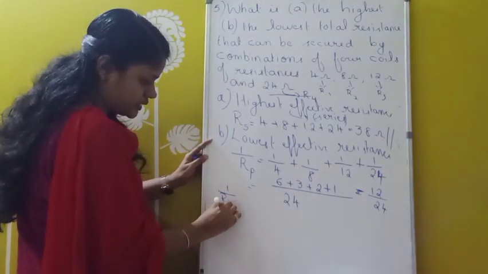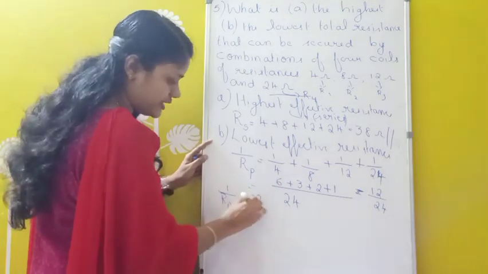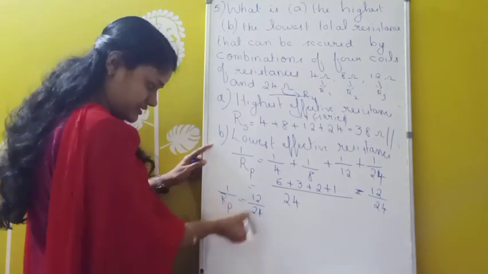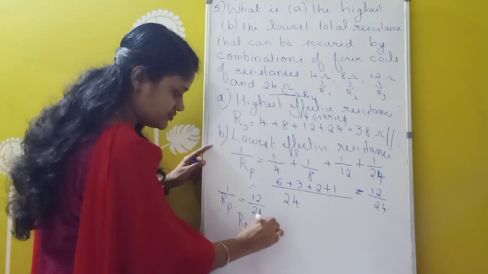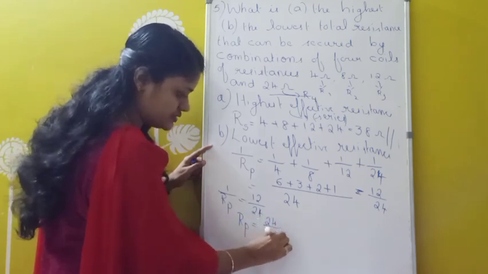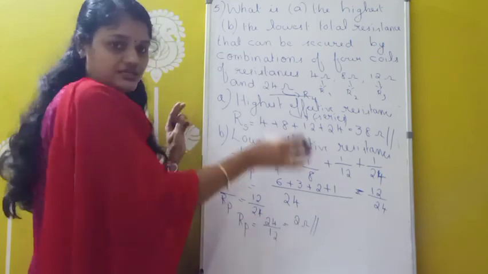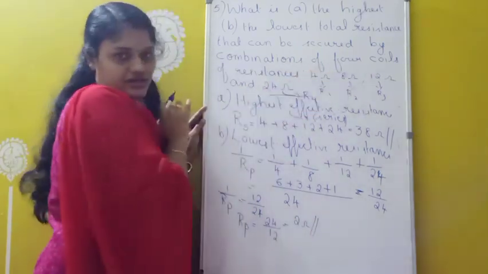So 1 by Rp, the reciprocal of effective resistance, is given as how much? 12 by 24. And what we need to find out? Rp. Take the reciprocal. So Rp equals 24 divided by 12. That is how much? 2 ohm. So this 2 ohm is the lowest resistance that we can make using all these 4 resistors.